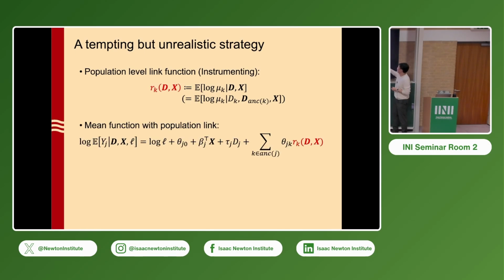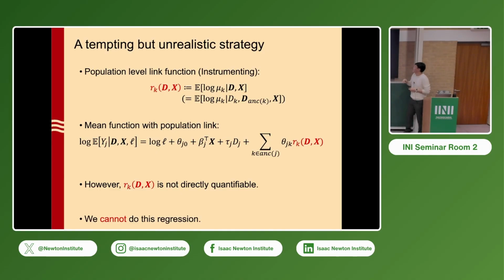But with this, you might want to do this type of regression where you have this value over here, and this theta_jk is the parameter that you want to estimate. But this is not directly quantifiable from the data because log mu is not something that you have as data. So this regression, we cannot do it directly.